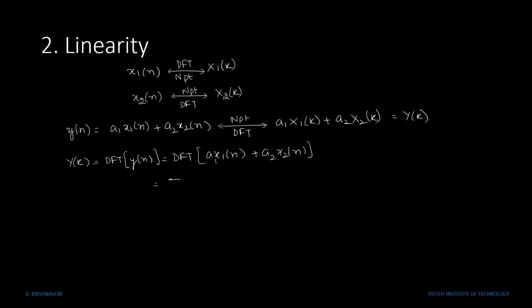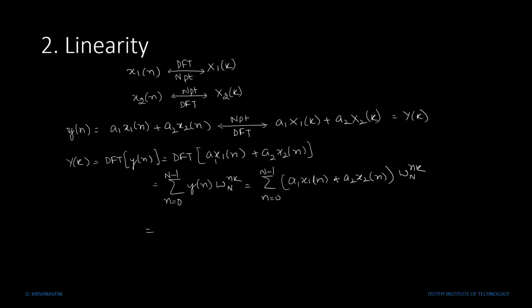So you just take the formula, summation n is equal to 0 to N minus 1 y of n W_N to the power of nk. In place of y of n we are writing a1 x1 of n plus a2 x2 of n, then into W_N to the power of nk.